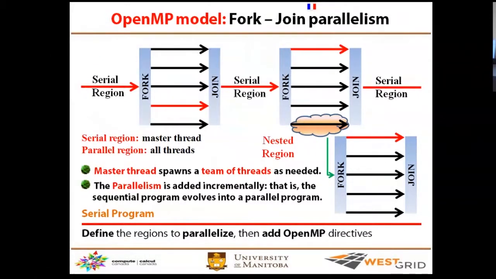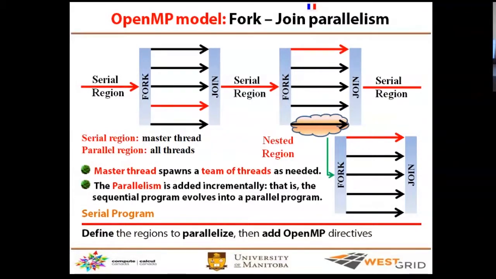For example, in this figure, we have 5 threads. At the end of the parallel region, all threads will join, and only the master thread, thread 0, will continue. In the second portion of the program, we can create, for example, 4 threads and continue.